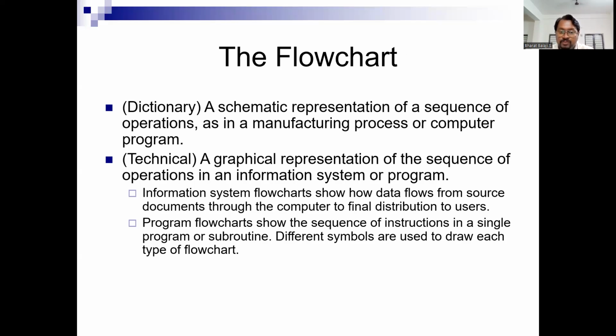And the program flowcharts show the sequence of instructions in a single program or a subroutine. Different symbols are used to draw each type of flowchart. In the flowchart, different symbols are present to represent each and every activity.